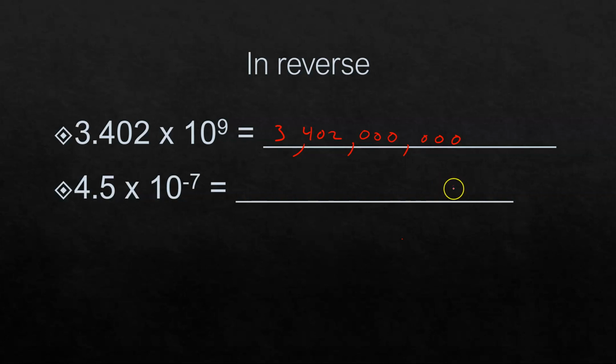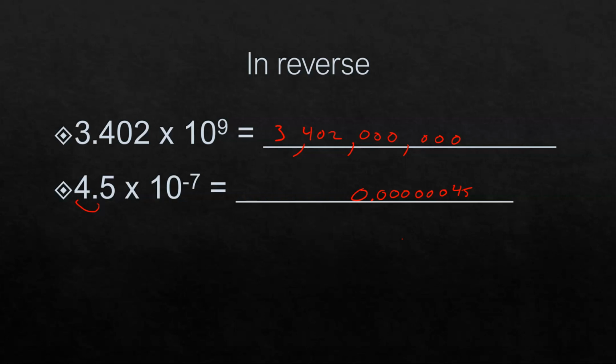So I'm going to end with 4, 5, right? So the decimal started there. The first place over is there, so that's 1. So 1, 2, 3, 4, 5, 6, 7. 0.0000045.